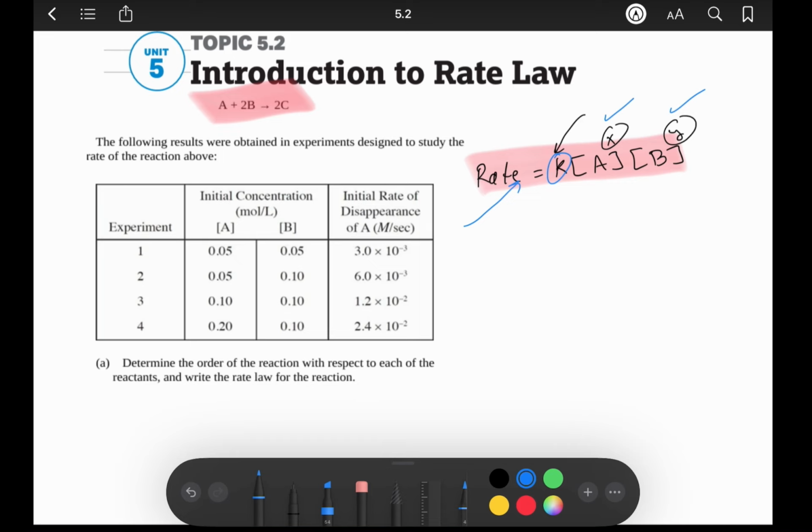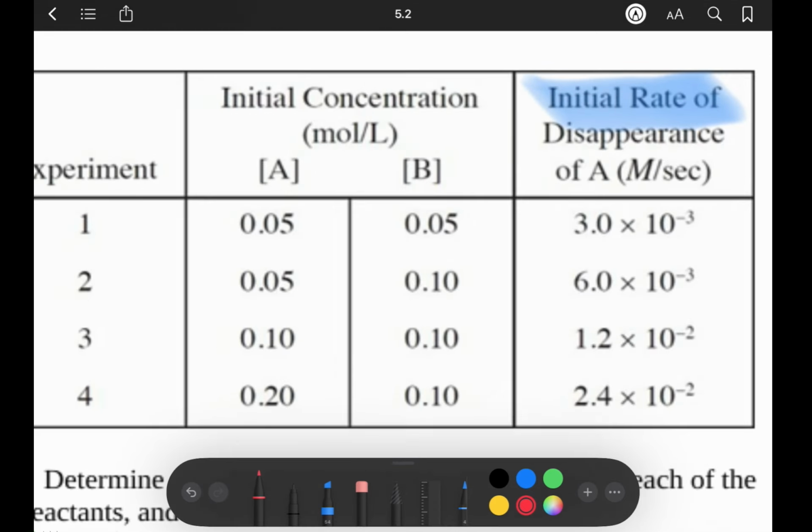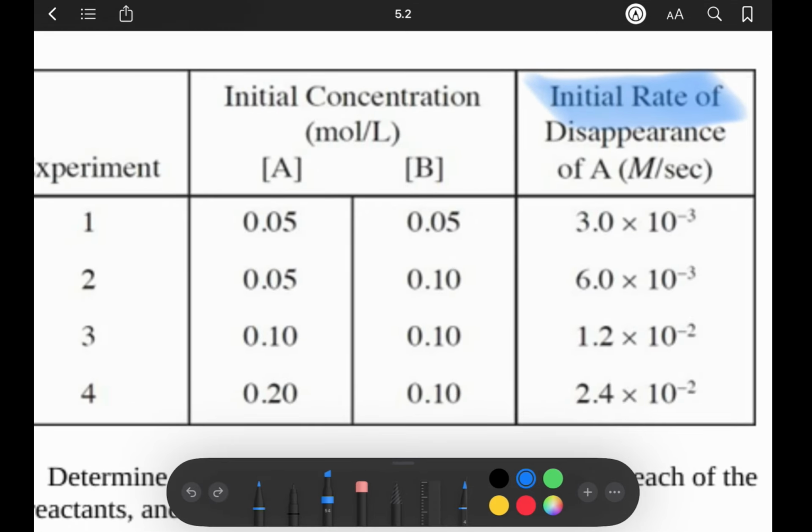One of the methods that are used for determining the rate law is called the initial rate method, in which we are measuring the initial rates of the reactants. But how can we do this process? The process is done by differentiating the concentration of reactants and making some of them constant.